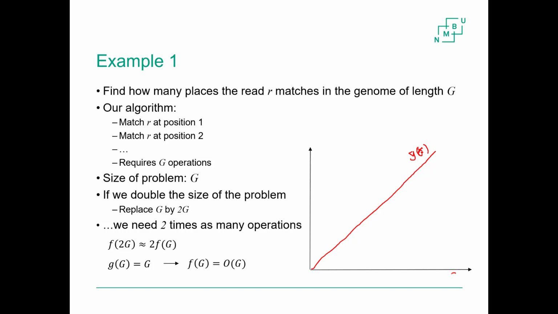So this one is the G-axis, not the x-axis anymore. But this is how it grows, right? Double the size of the genome, double the amount of operations you need. A 10 times as big genome, you need 10 times as many operations.